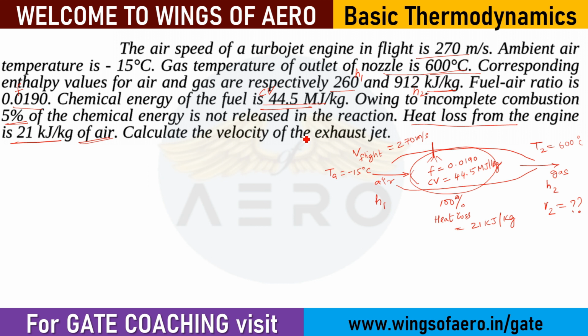Again, what you have to do is take one side of the equation for the air and the other side for the gas. So what is the formula? As they have not given any datum or potential energy, let's ignore that part.